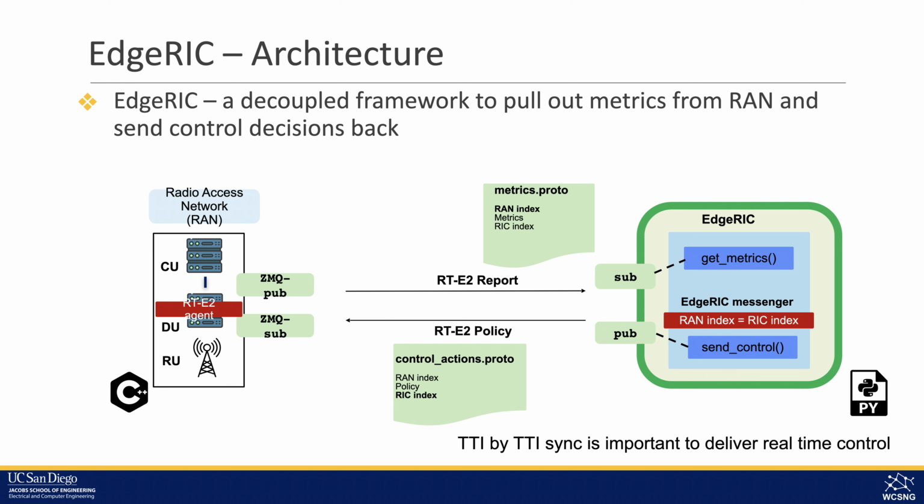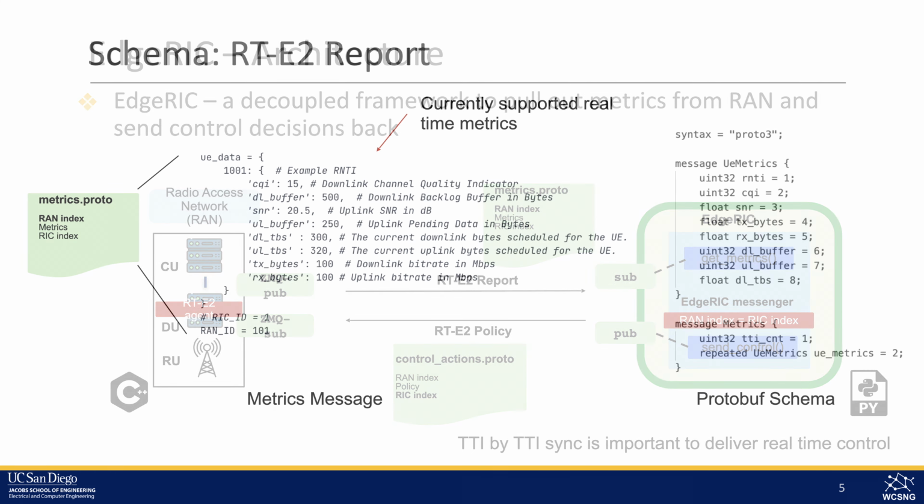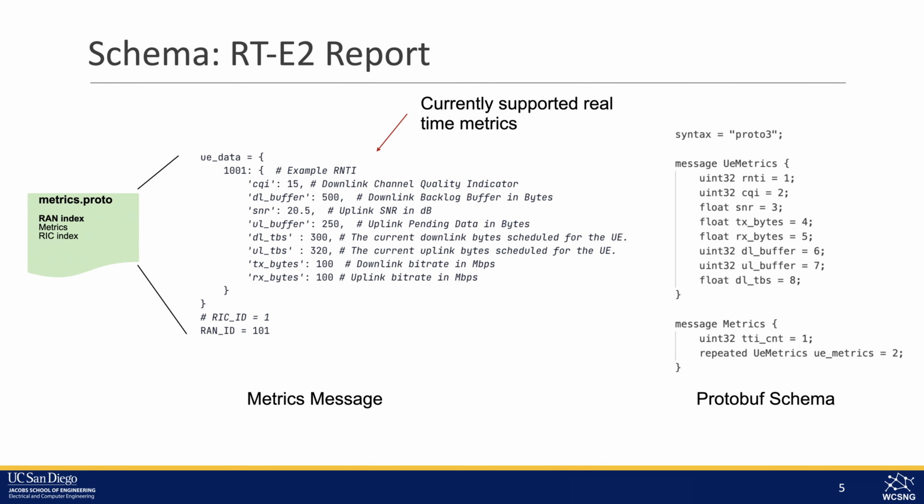Our real time variant of the E2 interface is what we refer to as the RTE2 interface. The RTE2 report is all the metrics collected over the TTI that the RAN sends over to EdgeRIC. The message schemas that we have defined for the RTE2 interface are based on Google's protocol buffers, so the entire schema is written in protobuf.